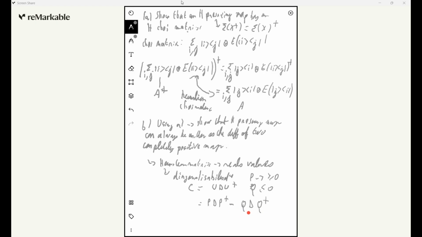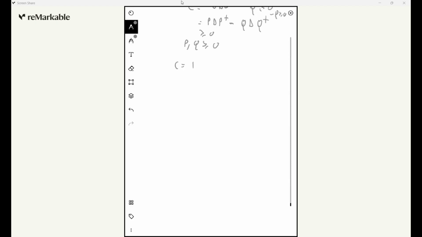This way you put a minus, this way minus Q becomes superior to 0, and so we have that P and Q are superior to 0, and so C can be written as P minus Q with P and Q positive definite.